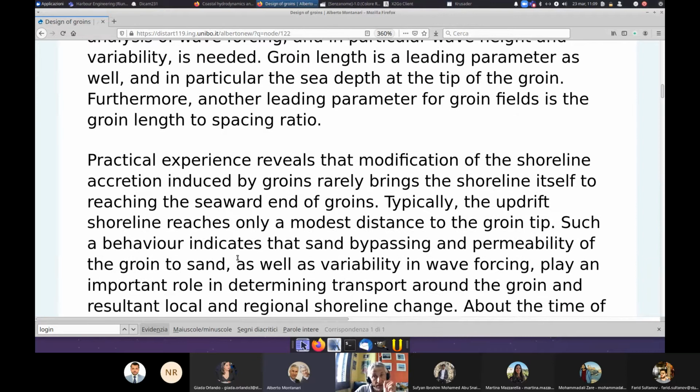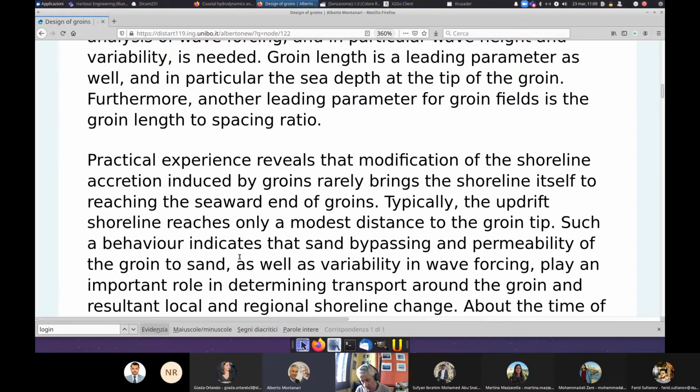First, let me say that we have experiences that reported that for some groin interventions, the shoreline is still advancing after 30 years from the realization of groins. So it may take a long time.